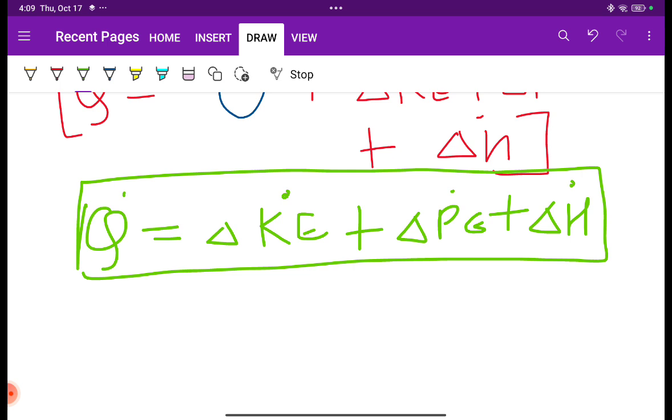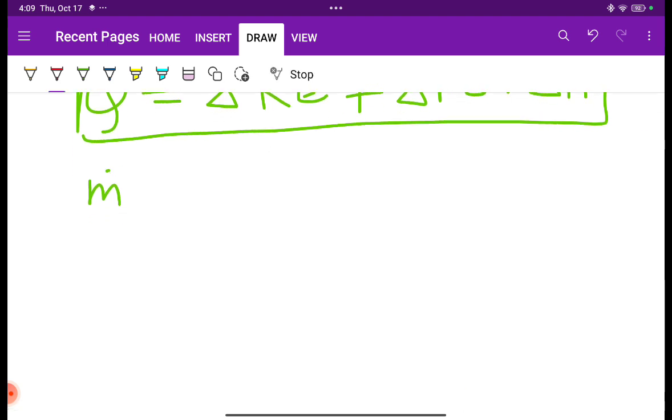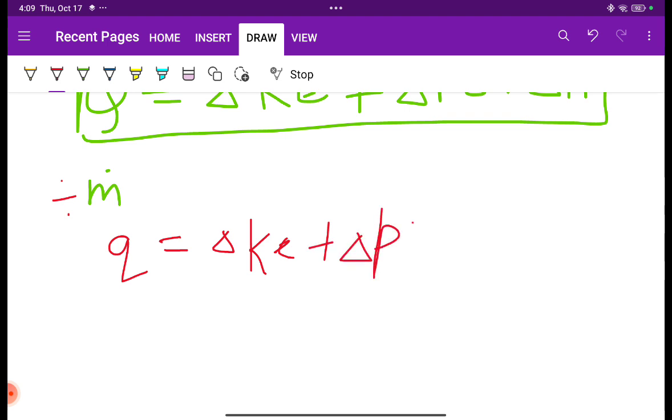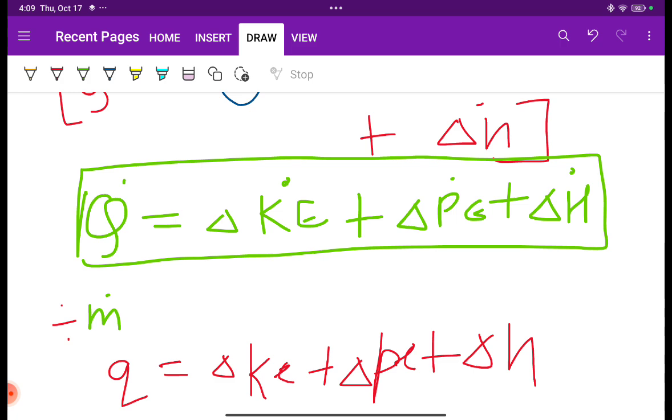If we divide this equation by the mass flow rate, then our equation becomes: Q, the heat transfer, is equal to the change of kinetic energy plus potential energy plus enthalpy change. And by the way, we know that the unit of rate of heat transfer is watt or kilowatt.